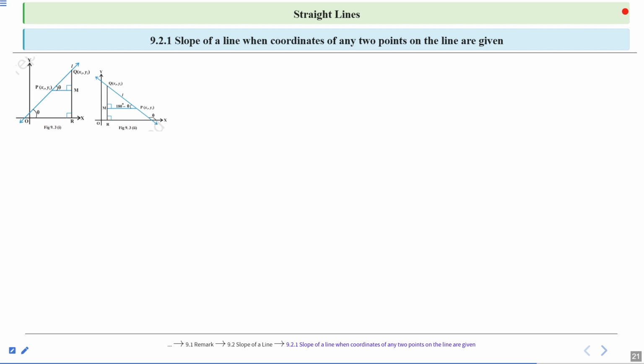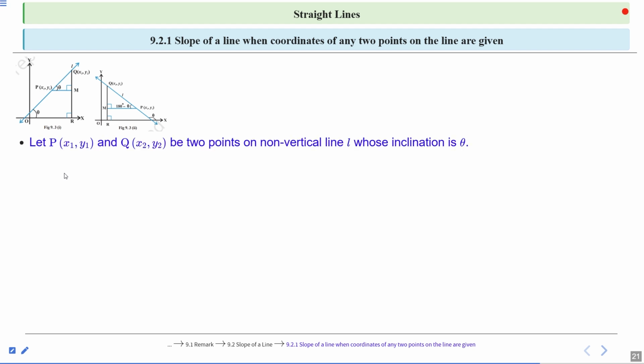So now look at figure 9.31 and figure 9.32. First of all, let P (x1, y1) and Q (x2, y2) be 2 points on non-vertical line L whose inclination is theta. Now we are going to discuss slope of a line when coordinates of any 2 points on the line are given.